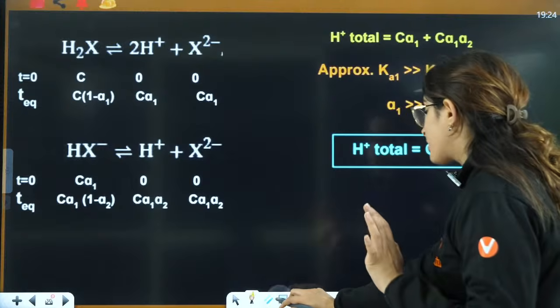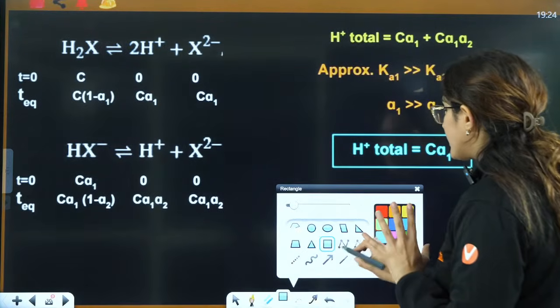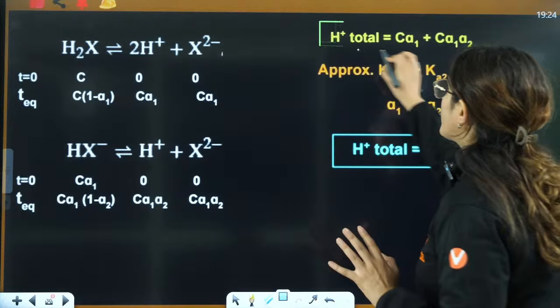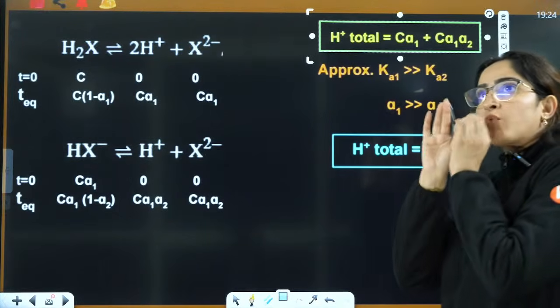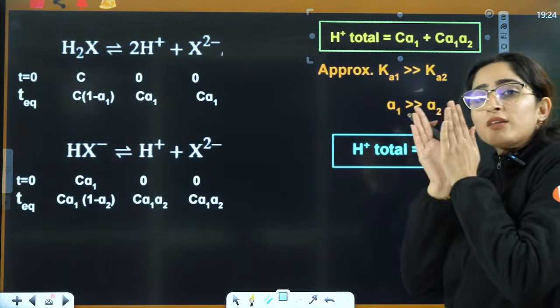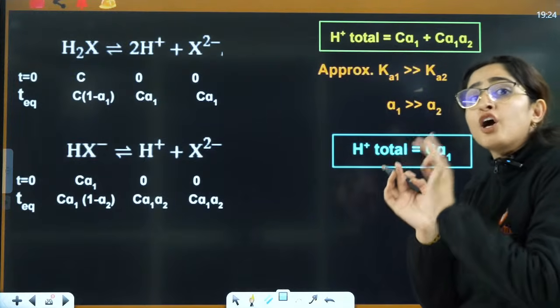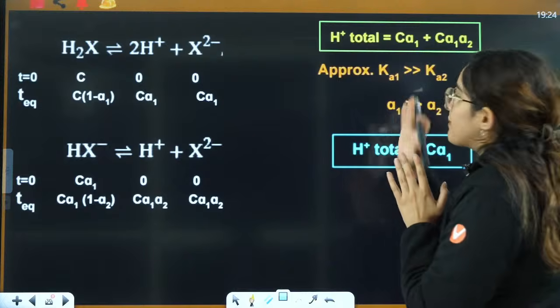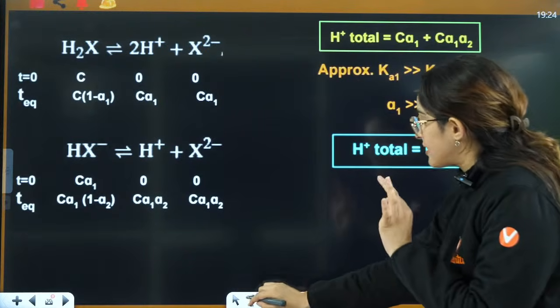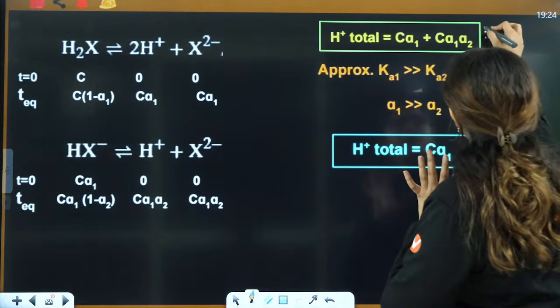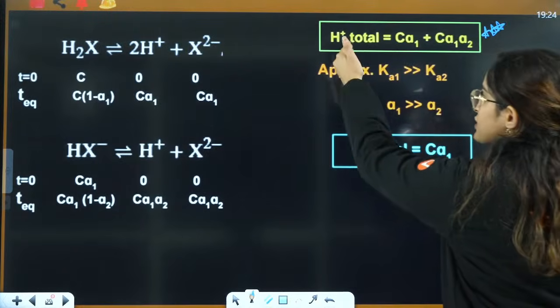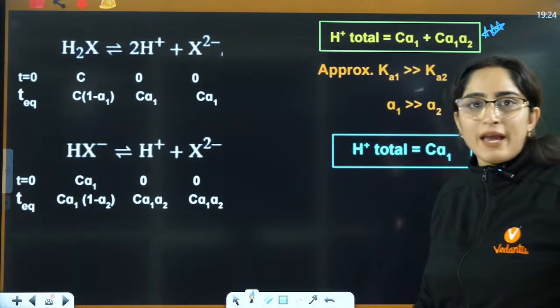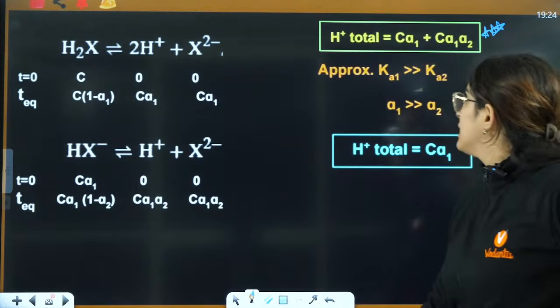This much you should remember, because you can't do all of this derivation every time in the exam. Remember what H positive is for this case. Other things, pH calculation is simple. If you know H positive, you can easily calculate minus log of H positive.